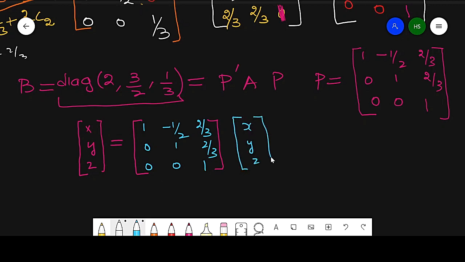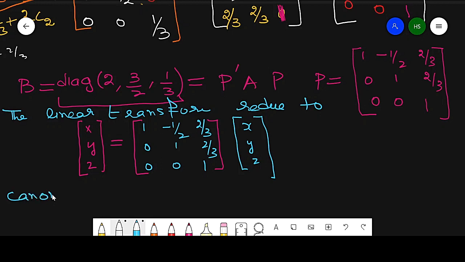So this linear transformation is reduced to canonical form.